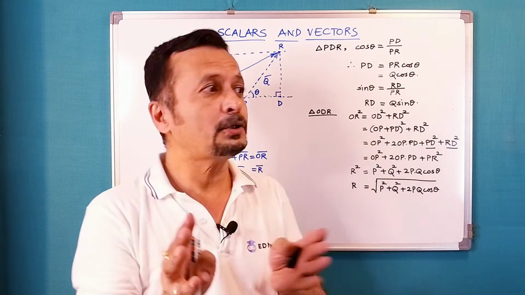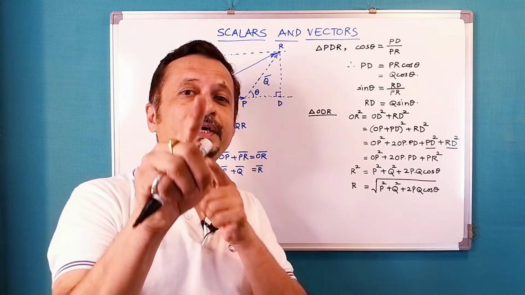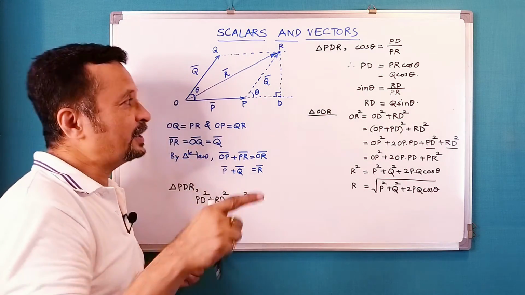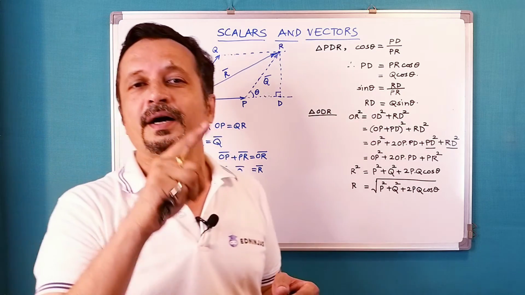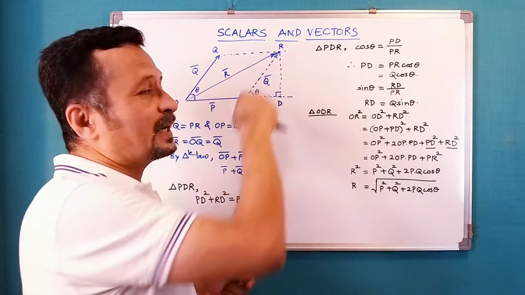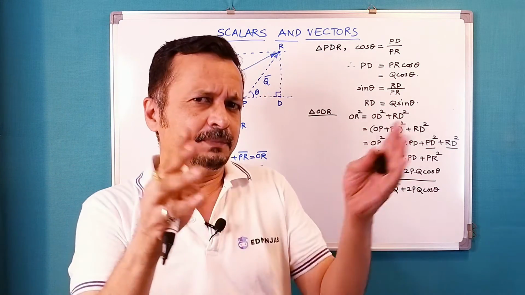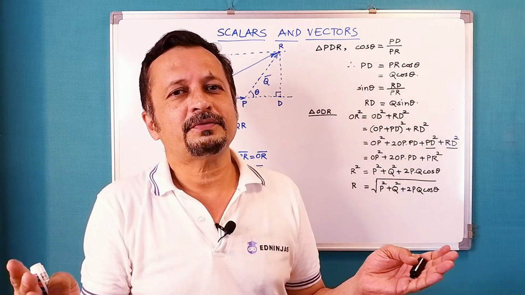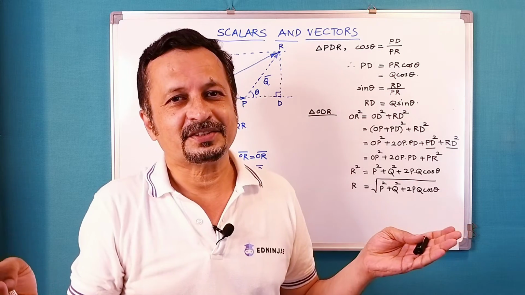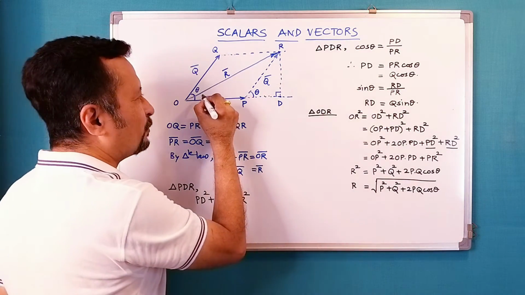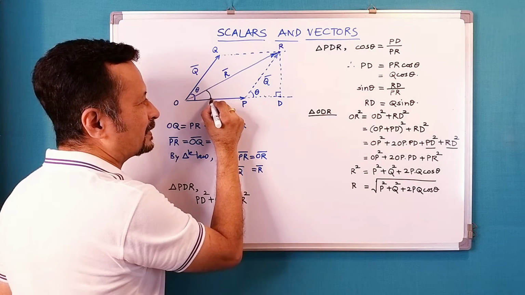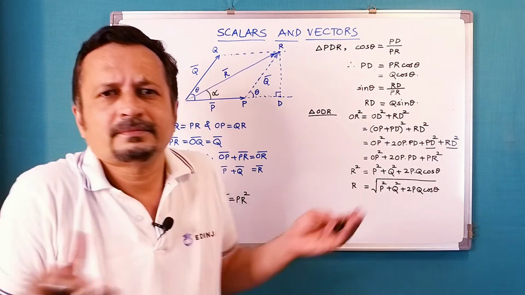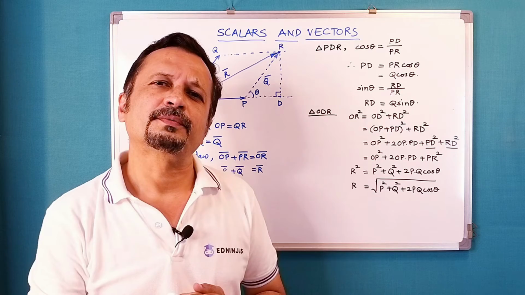Okay, so what I established is that the magnitude of the resultant would be given by the diagonal of this parallelogram constructed with the help of these two vectors. Okay, I got the magnitude of resultant, but what about the direction? I need to have direction, so for that I'll call this angle alpha.